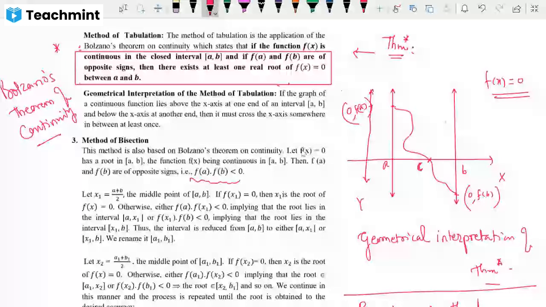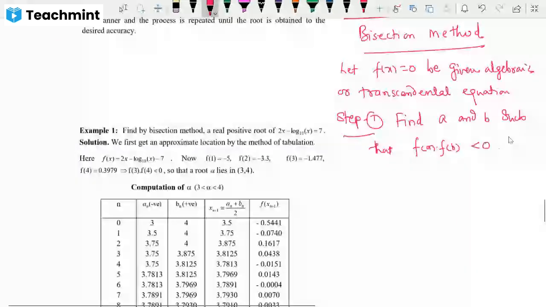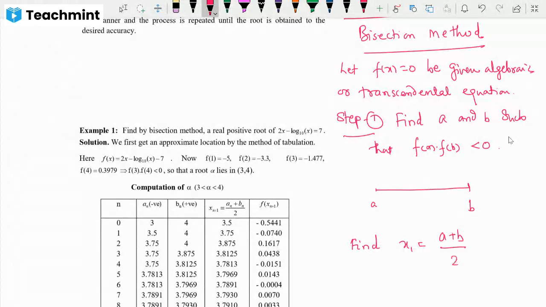What is the next step? Let x1 be the mean of a and b, that is (a + b)/2. Suppose this is a and this is b. Find x1, which is (a + b)/2.